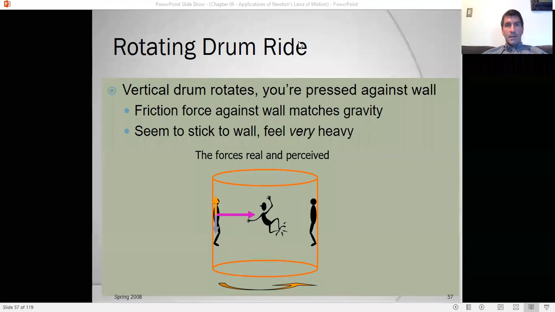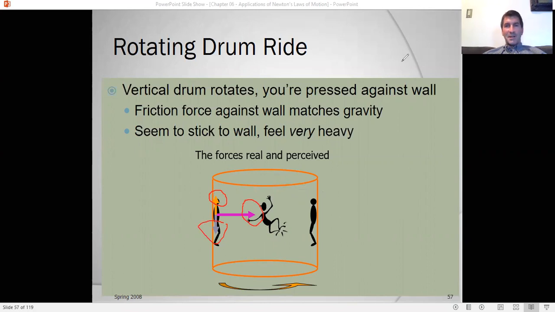Clearly, you can see that you've got gravity, which wants to pull you down. Okay, that's shown right here. You have the normal force from the rotating drum, which pushes you to the center. That's the centripetal force. And then you have the frictional force from the normal force, and that's preventing you from sliding down. So it's kind of a cool ride.